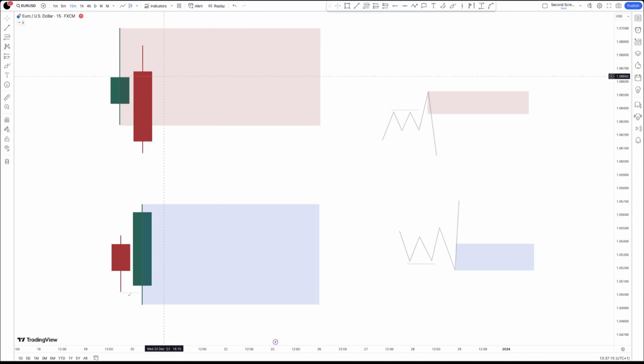Why? Because there is no liquidity to indicate that institutions were the ones that put in the order in this market. I have to see something like this to indicate that institutions have put money into the market. Then once I see this, I have an imbalance. Then I'm convinced that, okay, institutions are the ones showing themselves in the market.